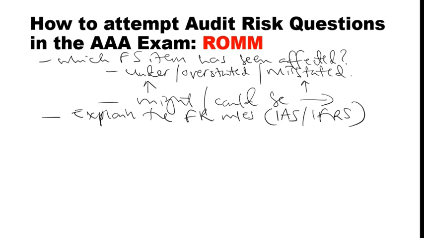So you need to tell if it is about an intangible asset with an indefinite life, or an intangible asset with a definite life. You need to be able to say what is required in terms of the respective International Accounting Standard or International Financial Reporting Standard. So say the rules. All right.